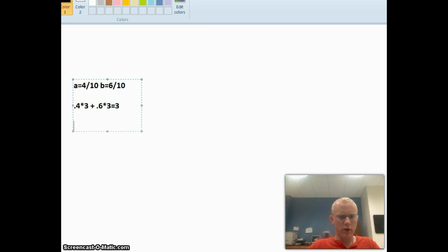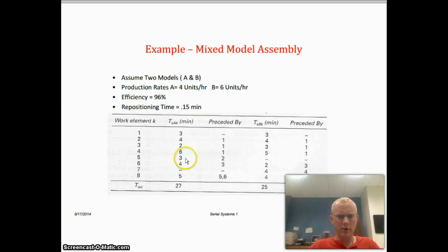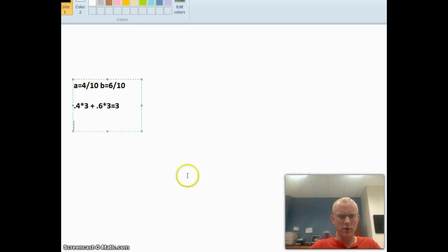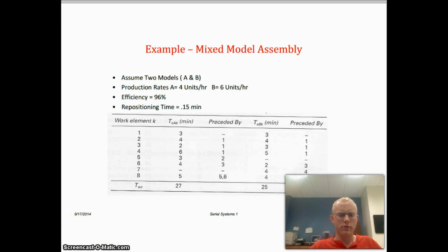But if we take one that requires 2 different times, such as work element number 4, we can see that it takes 6 minutes on part A, and 5 minutes on part B. And we would do the same thing. We would multiply 0.4 times 6 and add that to 0.6 times 5. And that would equal 5.4. And we can use this aggregate time to then balance the workstations.